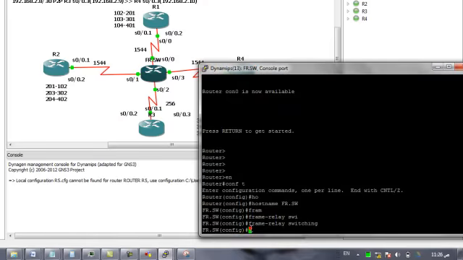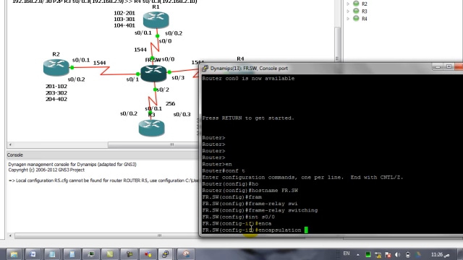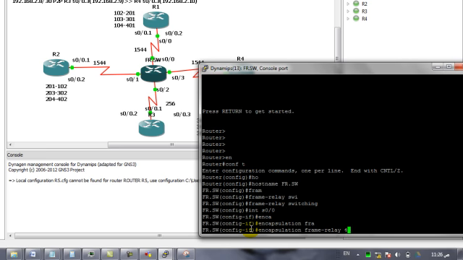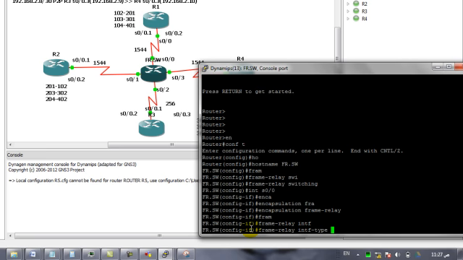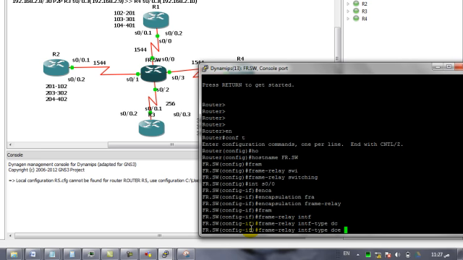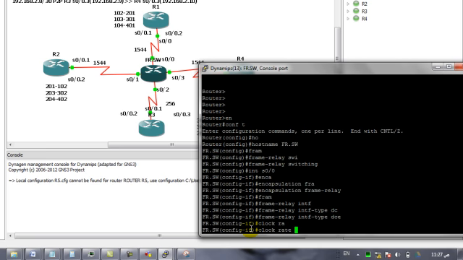Yes, go to the interface here serial 0/0. I want just first one, encapsulation frame relay, interface type DCE with the clock rate 64000.